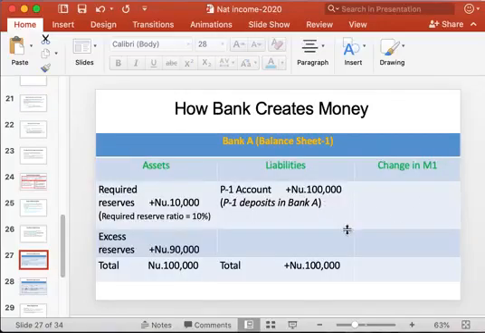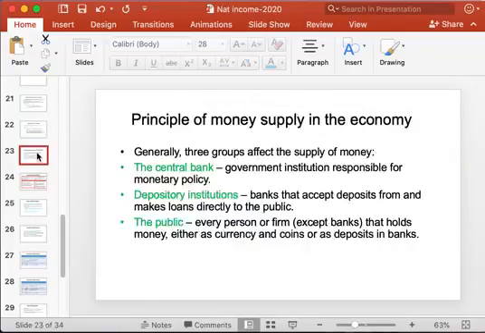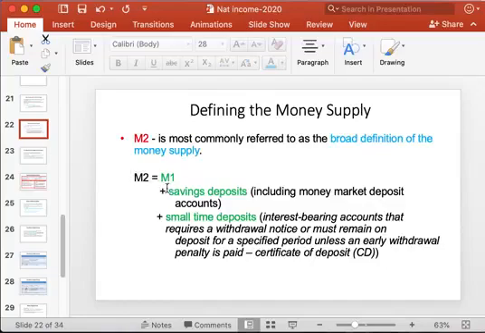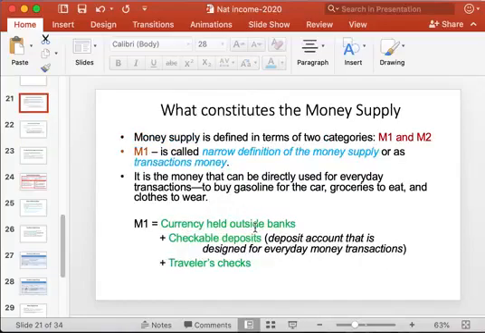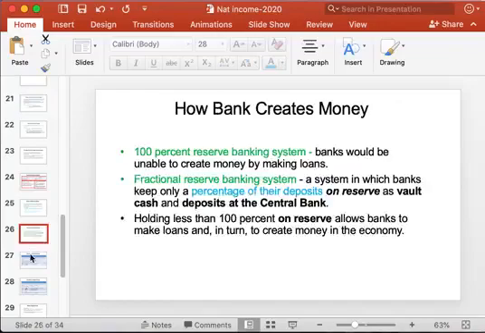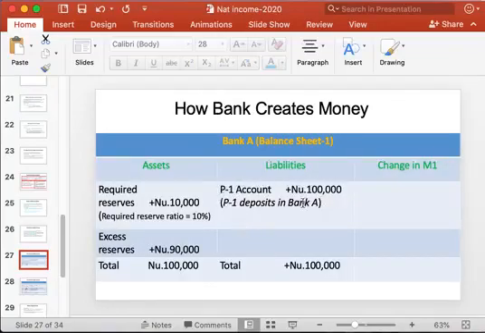In this case there are no traveler's checks and no checkable deposits; the same currency in the hands of the public is being deposited here.